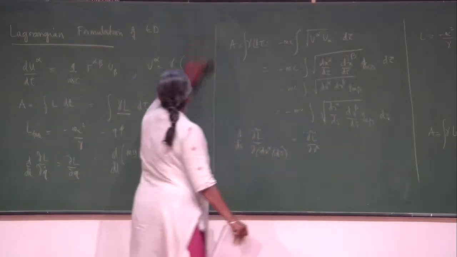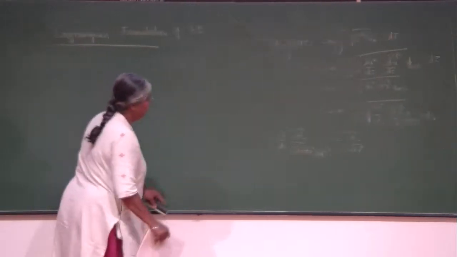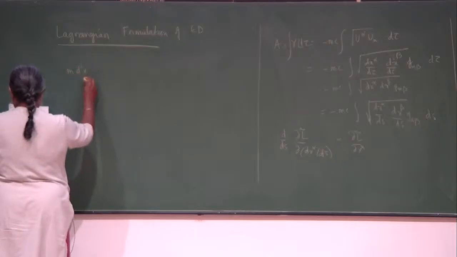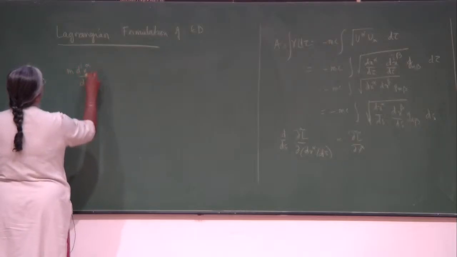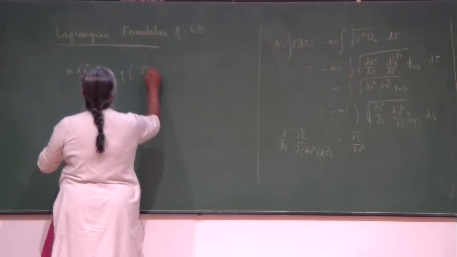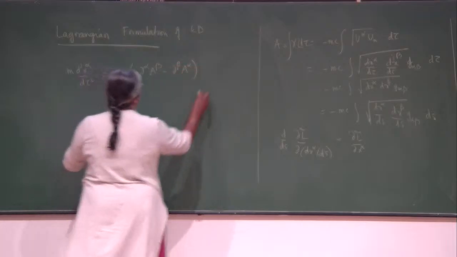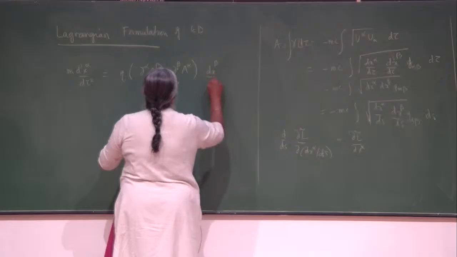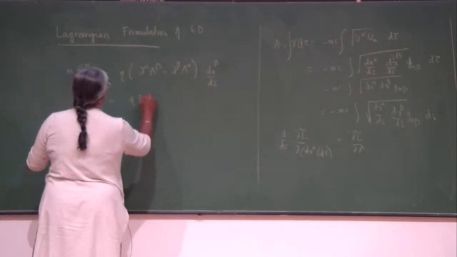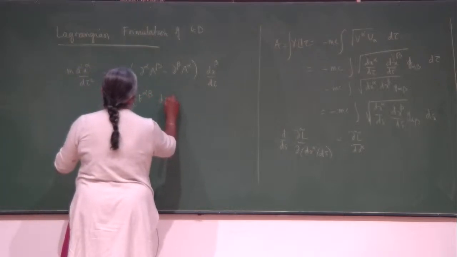I can't write there, I will write here. And when you do this, you will get the Euler-Lagrange equation m d squared x alpha, and then I am going to substitute back for tau. I just want to interpret this, I am not going to do more with this. You can work this through. d beta d alpha into dx beta by d tau, which is q f alpha beta times dx.